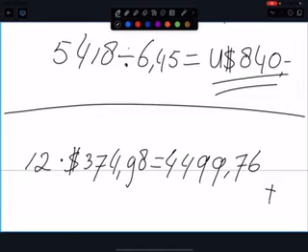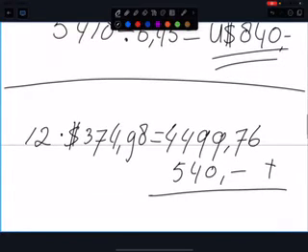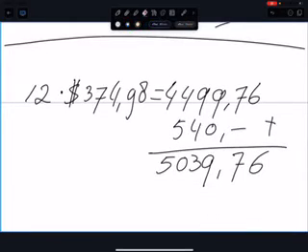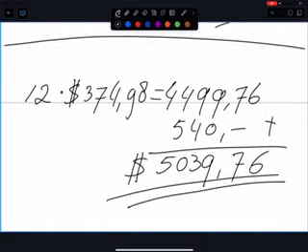And you have to add what? The 540 to it, and your total answer becomes 5039.76. Do not forget the unit, which is dollars. Do not forget. And that would have been the answer.